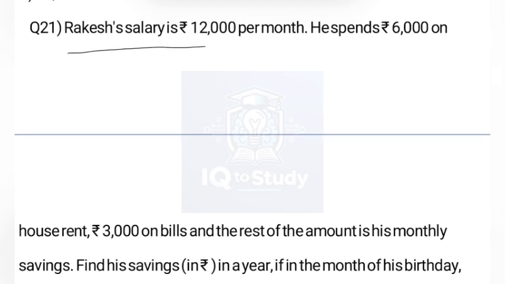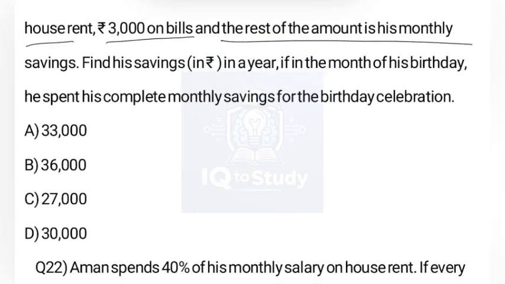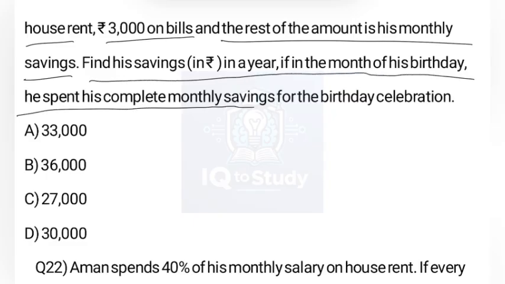Rakesh's salary is 12,000 per month. He spent 6,000 on house rent, 3,000 on bills, and the rest of the amount is monthly savings. Find his savings in a year if in the month of his birthday he spent his complete monthly savings for birthday celebration.